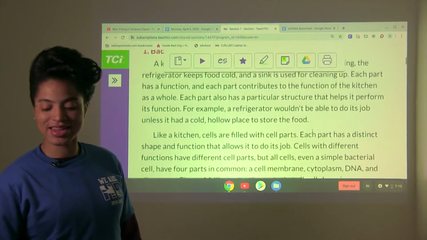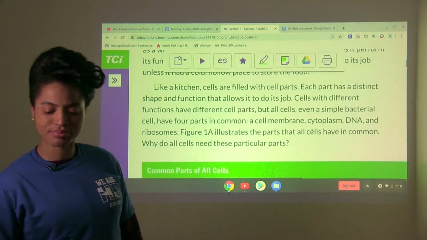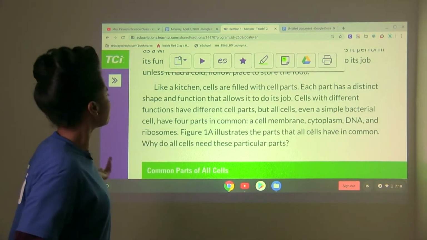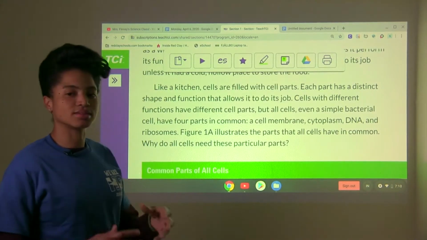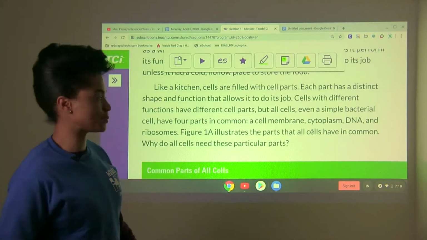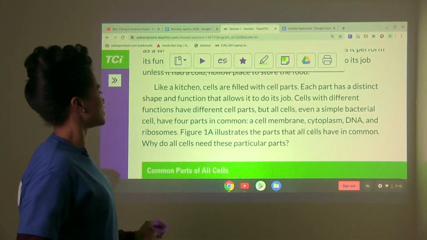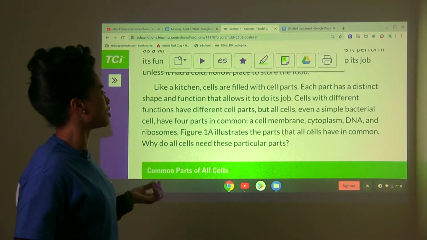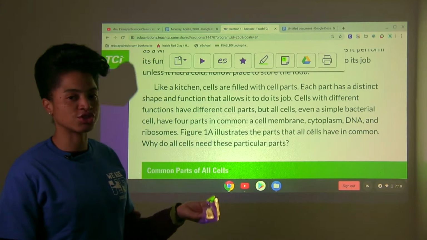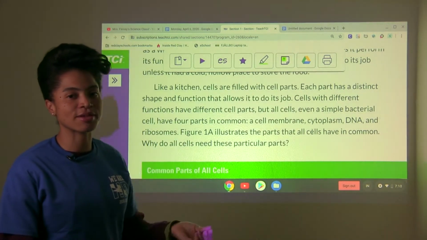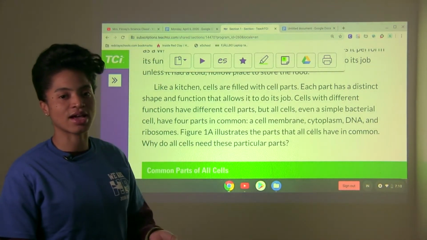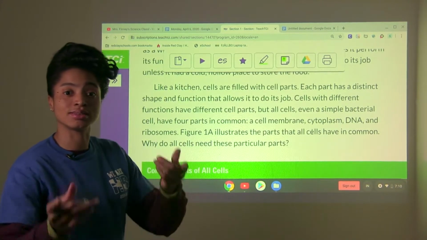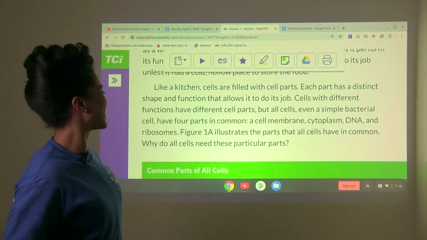All right? Now, let's look a little deeper. Like a kitchen, cells are filled with cell parts. Each part has a distinct shape and function that allows it to do its job. All right?